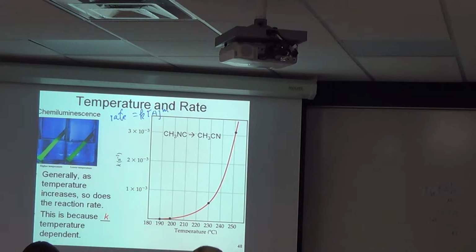Usually some people like to say, well, okay, for every 10 degrees Celsius increase, your rate increases, like, doubles or something. Those are just rules of thumb. It depends on your activation energy, on how this k depends on temperature. So we can actually use some of those equations and do a calculation.